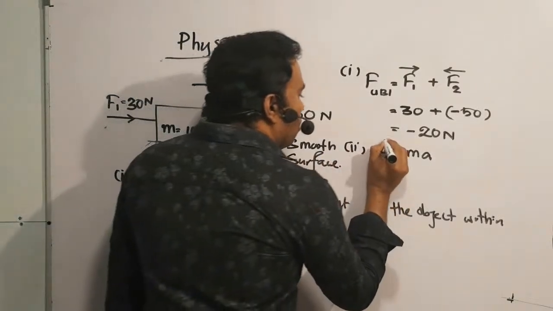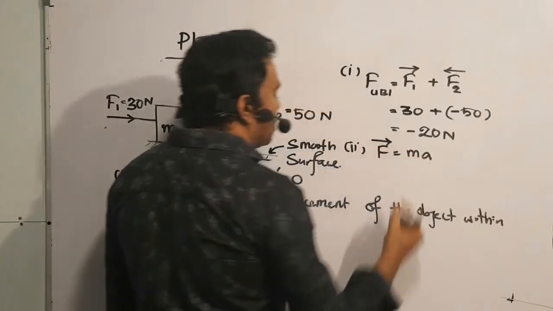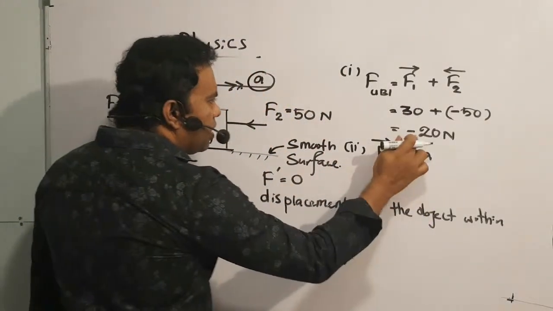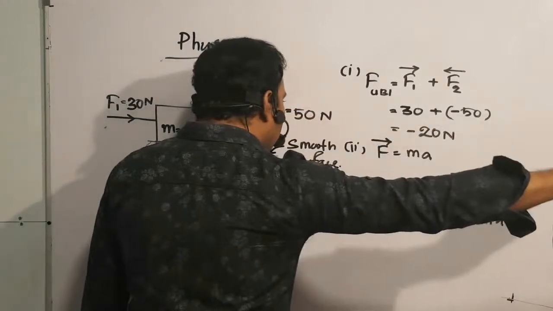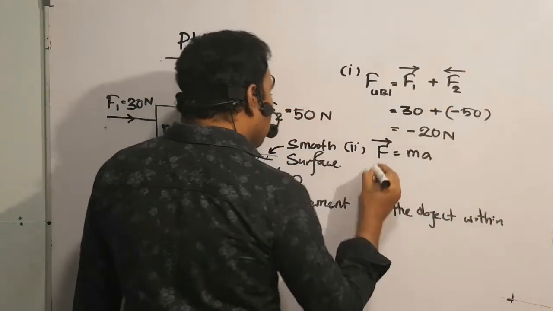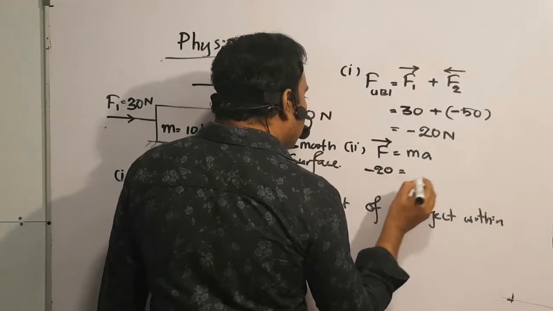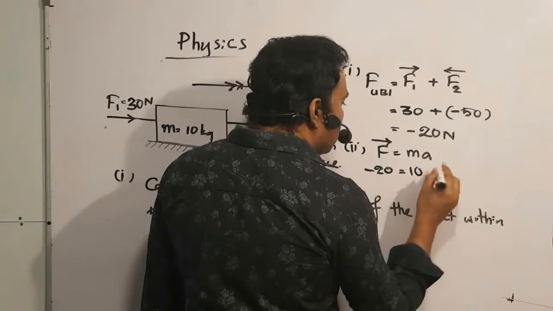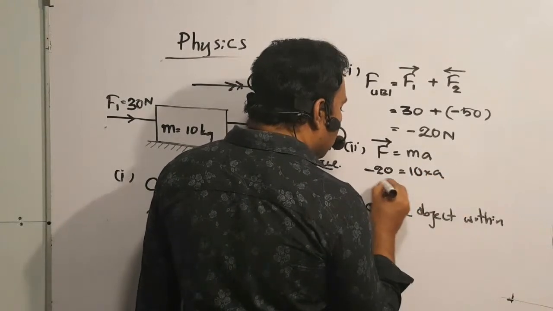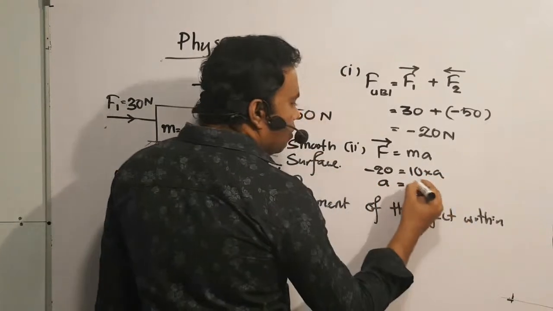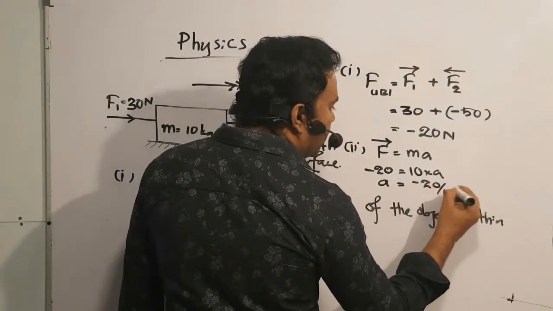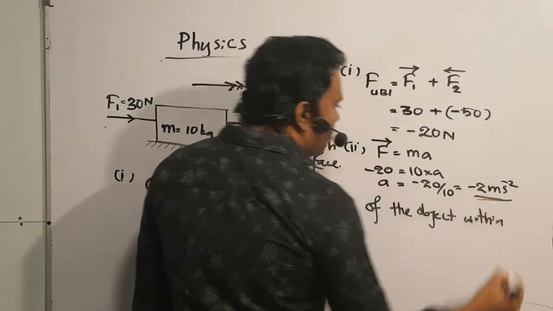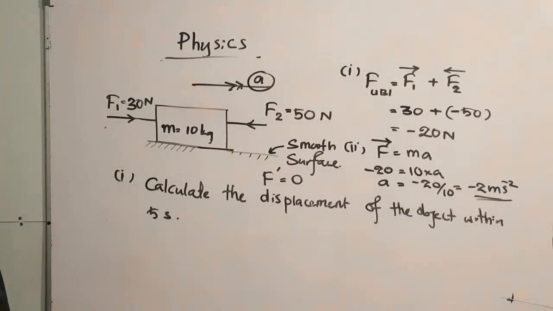Motion is considered in the positive direction. The external unbalanced force is minus 20. Minus 20 equals the mass of the object, still 10 kilograms, into a. So acceleration equals minus 20 over 10, that's minus 2 meters per second squared.